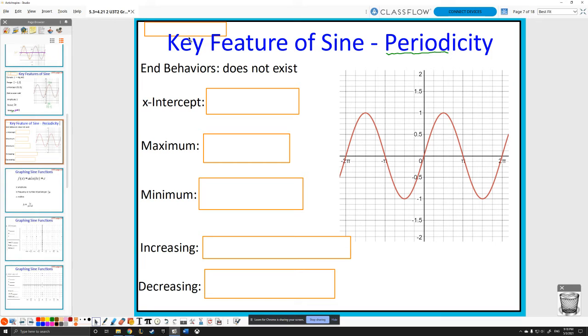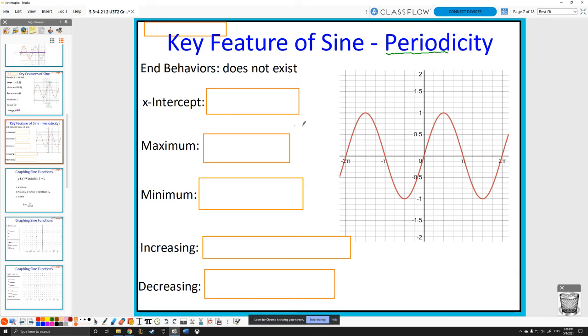So it's consistently oscillating between its max and minimum. There is no end behavior. The next few of these key features look complicated, but I want you to try your best. I'm not asking you to remember these, but it's supposed to help you realize how the function will continue to repeat itself over and over again.